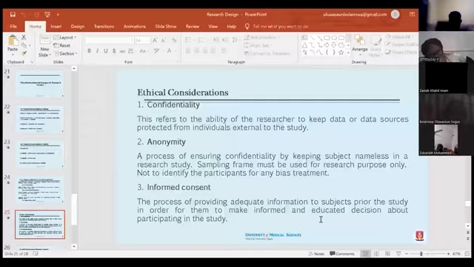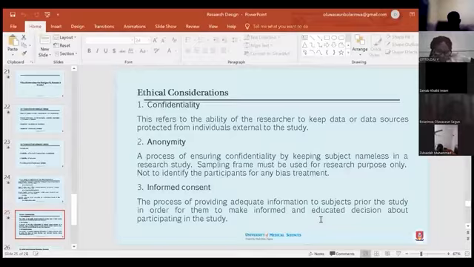So I'm currently on the field, collecting data for my study, and I've met study participants who did not give consent to participate in my study. It will be unethical for me to collect the data from them without informing them. So you have to inform them, give them all the necessary information they have to know.